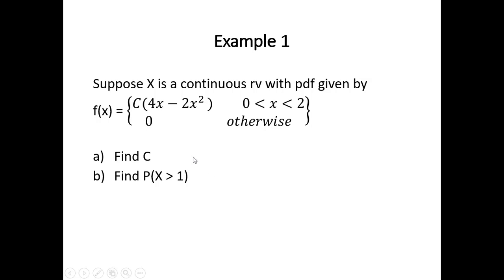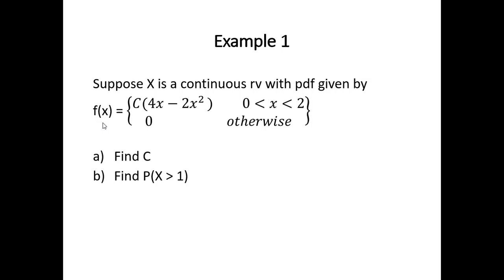So how do we find c? Well, we have to use one of the properties of a PDF, which I did not mention on the previous slide, but I knew I was going to mention it here. When you integrate a PDF, that integral should be equal to 1.